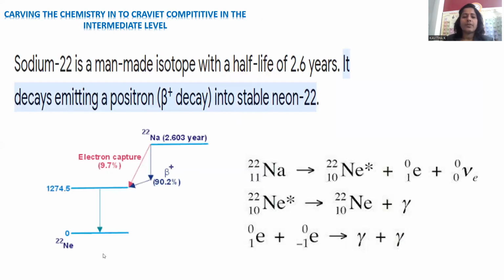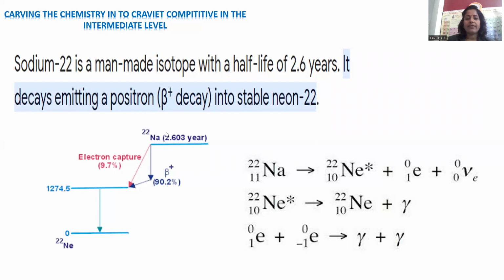Let's see how we can explain this. Sodium-22 is a man-made isotope, and its half-life is only 2.6 years. This short half-life is associated with sodium-22, and it participates in beta plus decay, called positron emission. Whenever a positron is emitted, it turns into neon-22, right?